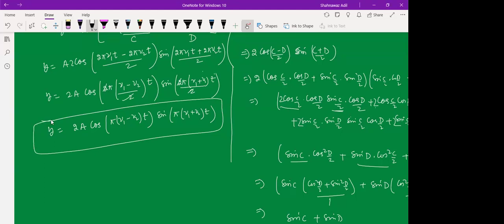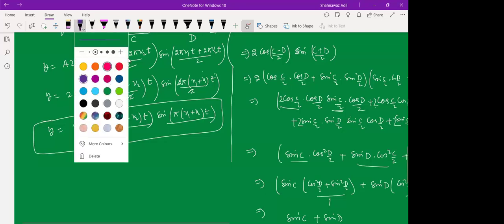So this is the effective wave that we are getting. So what are the periodic parts? One is this cos one, and the other one is this sine one. There are two periodic variations.